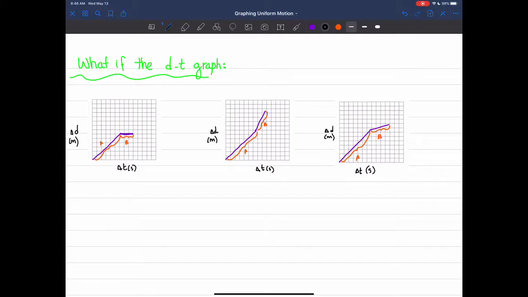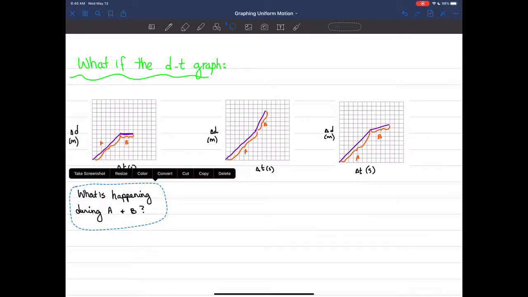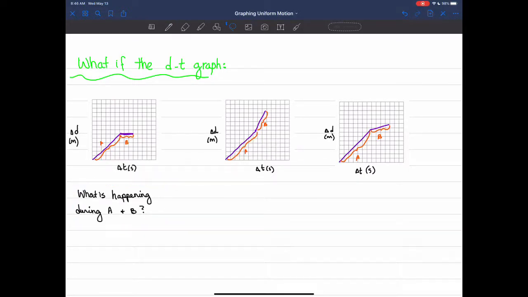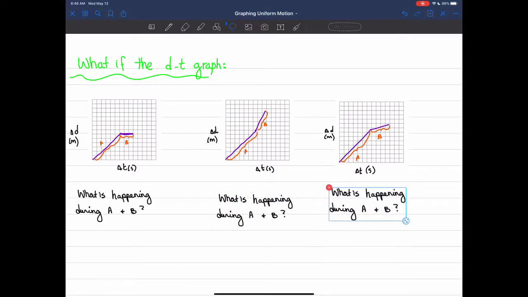So the question is, what is happening during A and B? I'm giving you a second to think about that. So what is happening during A and B?